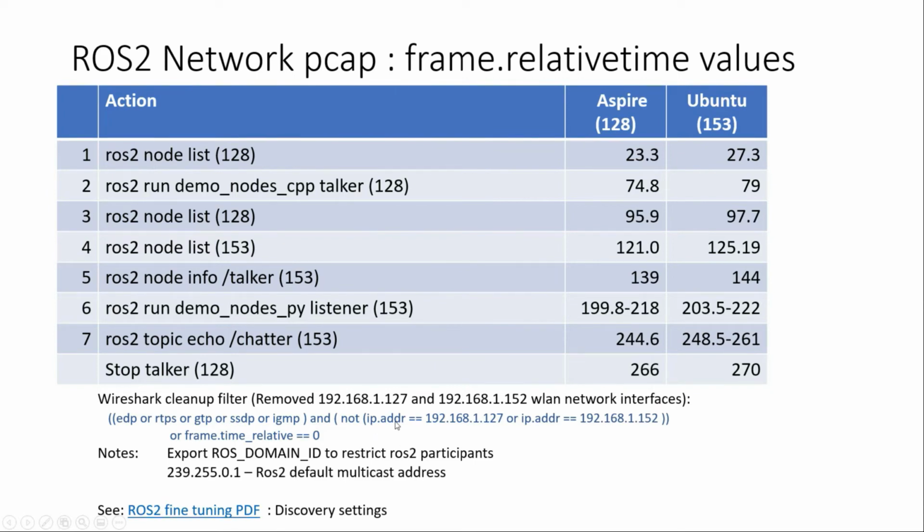Also, on each of the hosts I had both an Ethernet and a wireless LAN interface, multicasting out of both. I didn't want to see the wireless LAN side of things, so I also filtered out any traffic coming from the wireless LANs on Aspire or the Ubuntu hosts, and then finally I just left in the first frame in the trace just so that all the timings stay consistent even as I clean them up.